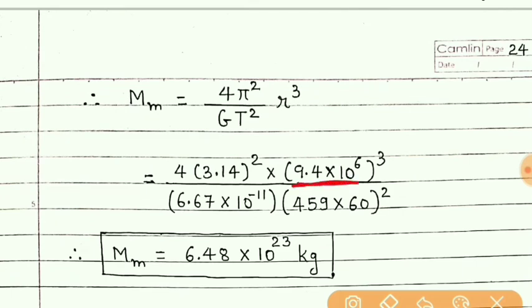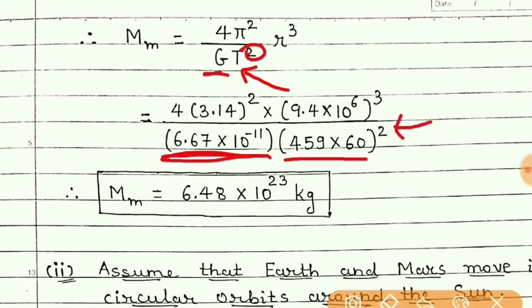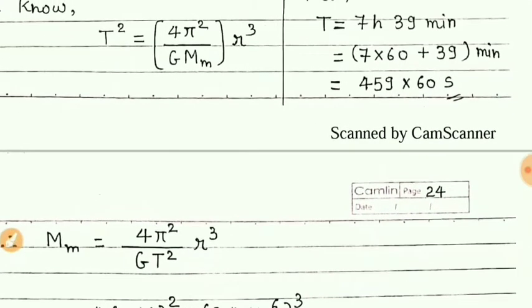So this is the value of r, and as it is cube, here we have kept cube. G, universal constant of gravitation. T, 459 into 60, and it is having square, so here it is square. T we have obtained in second here.